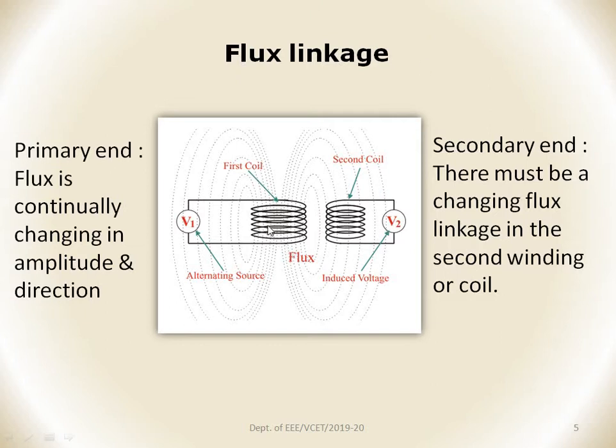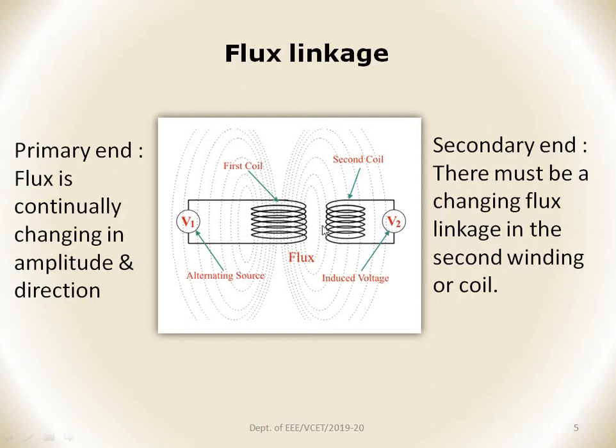There are two coils as I mentioned, a primary and a secondary. To the primary end an alternating source is applied, due to which a flux is generated, and this flux is linked with the secondary coil, and here you are able to tap an induced voltage. So you can find that the primary and secondary are not physically connected, they are physically separated.